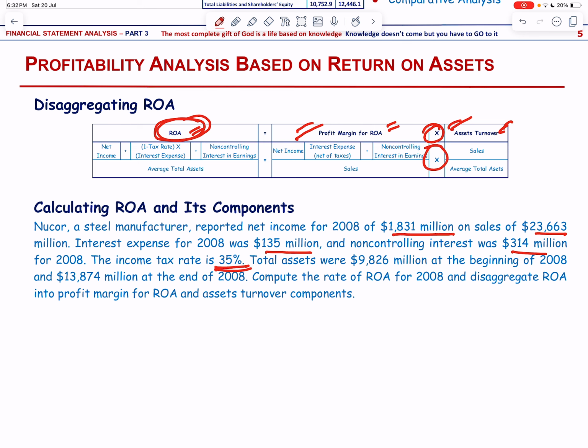Total assets are 9,826 at the beginning of the year and 13,874 at the end of the year. Compute the rate of return on assets for the year 2008 and disaggregate return on assets into profit margin for return on assets and assets turnover components. So we will use the same formula that is stated over here.